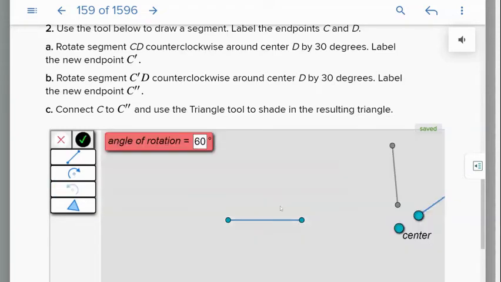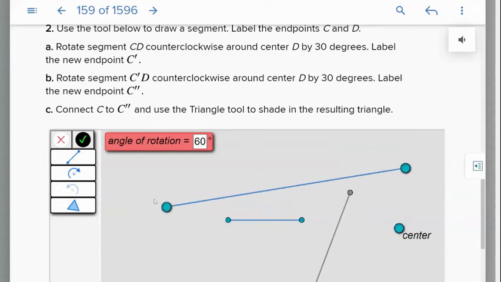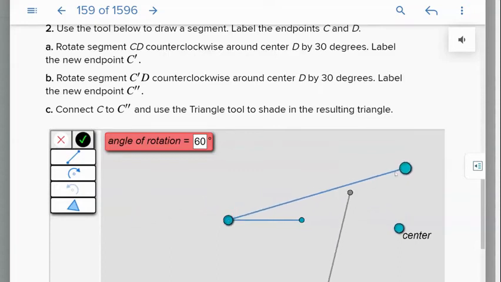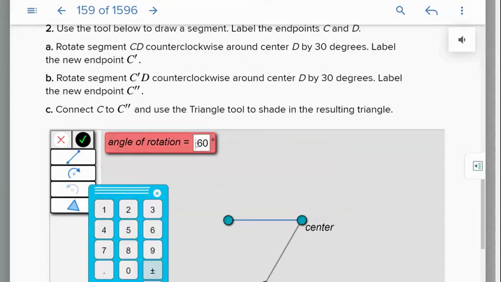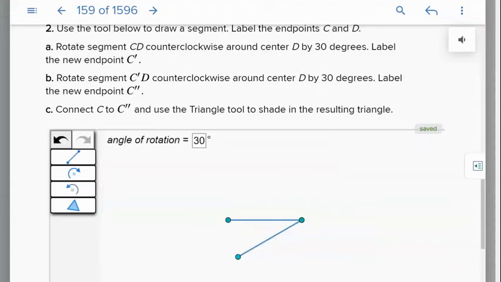We're doing counterclockwise. So here's C, and here's point D. Our center is around D, and counterclockwise 30 degrees. So right now it's 60. We want 30. There we go.